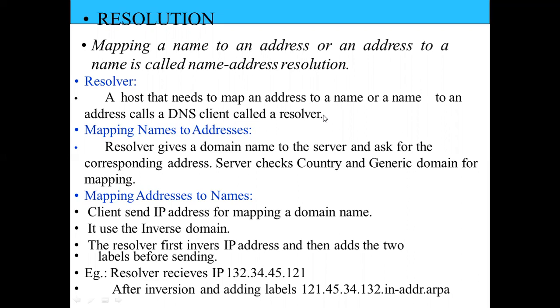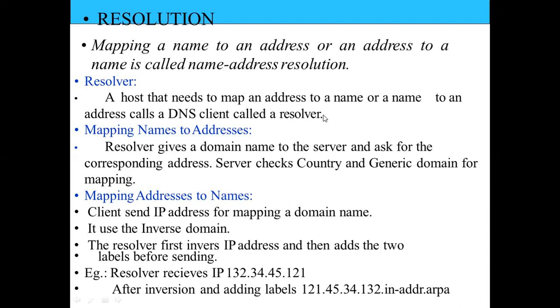Now, resolver is what? A host that needs to map an address to a name or a name to an address. So, mapping names to addresses is what? The resolver gives a domain name to the server and asks for the corresponding address. So, the server only checks the country or the generic domain for its mapping purpose.